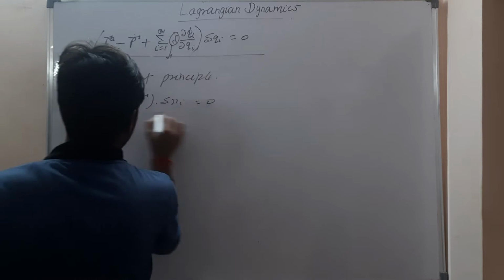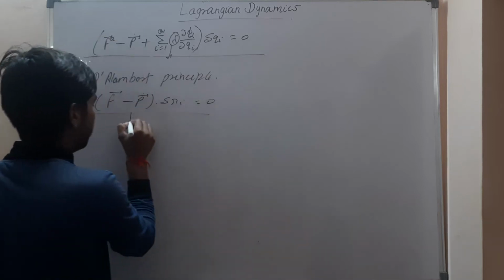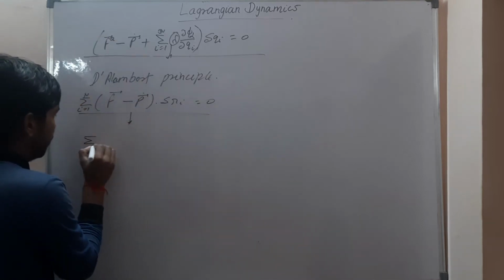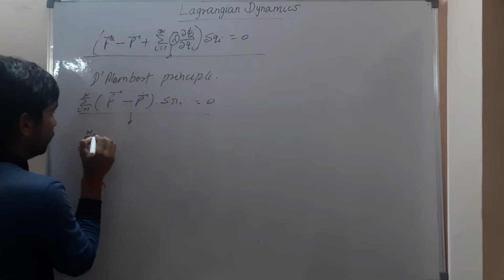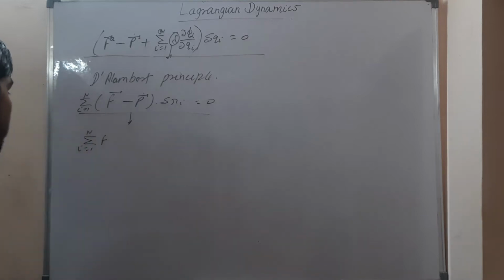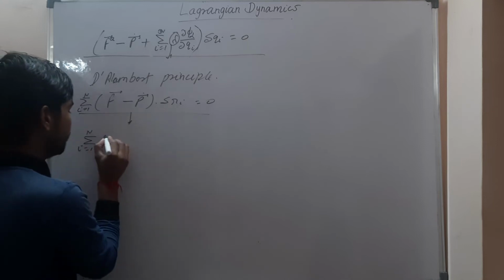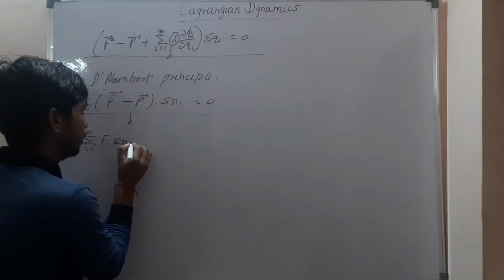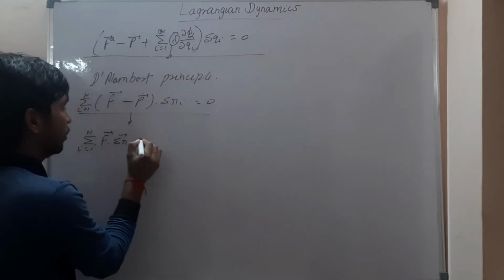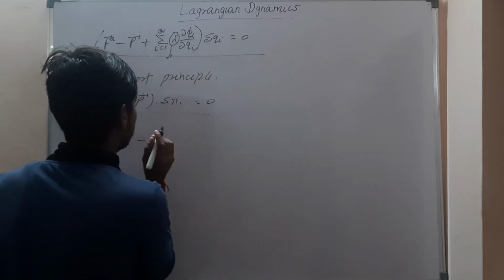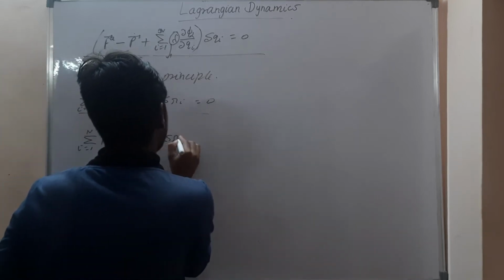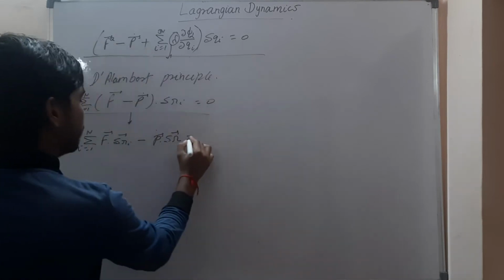Now how to solve this? We will keep it separate, i is equal to 1 to n, and it will come inside, so it will be dri, minus P dot dri is equal to 0.